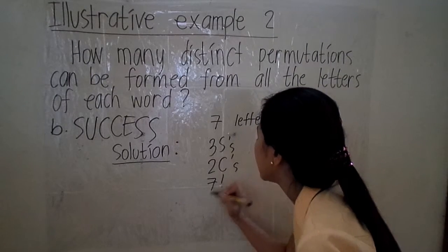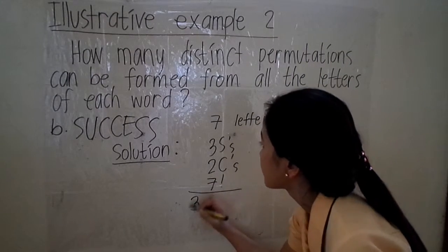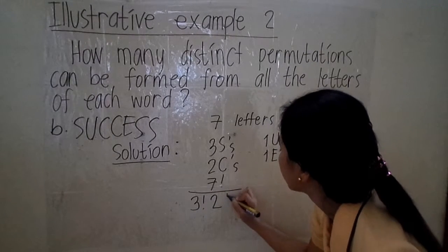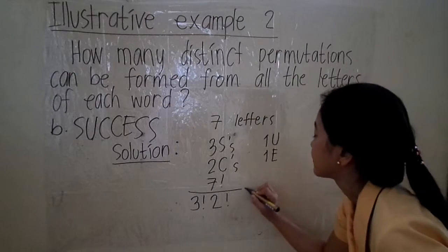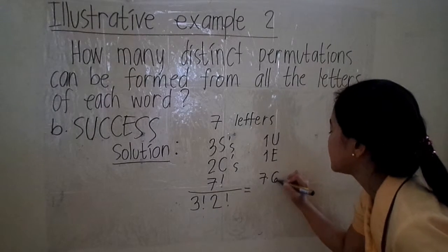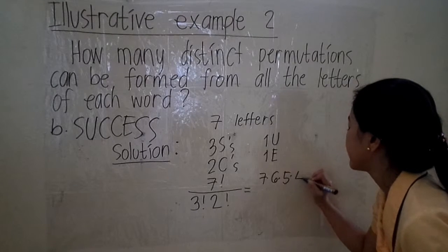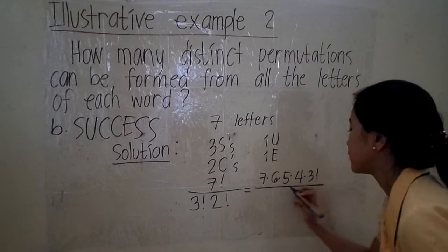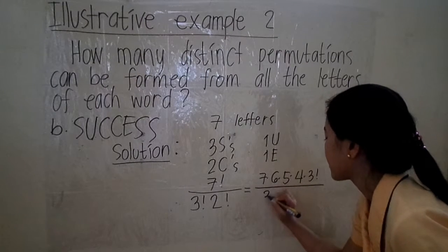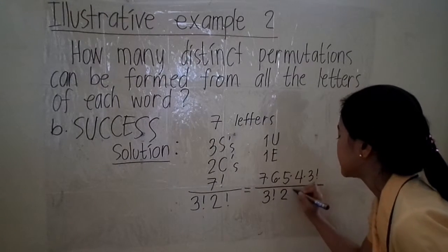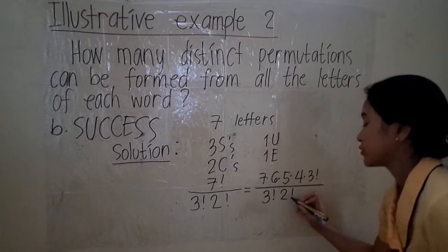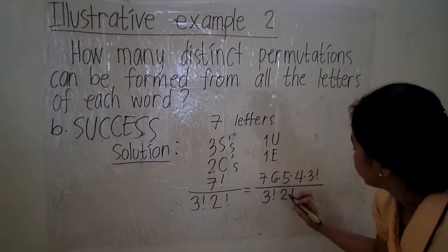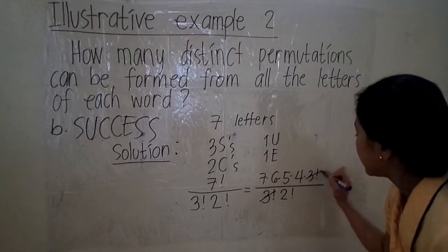So to solve this, from the formula, we have 7 factorial over 3 factorial and 2 factorial. So we have 7 times 6 times 5 times 4 times 3 factorial over 3 factorial times 2 factorial. So 2 factorial here is 2 times 1. And then cancel 3 factorial.